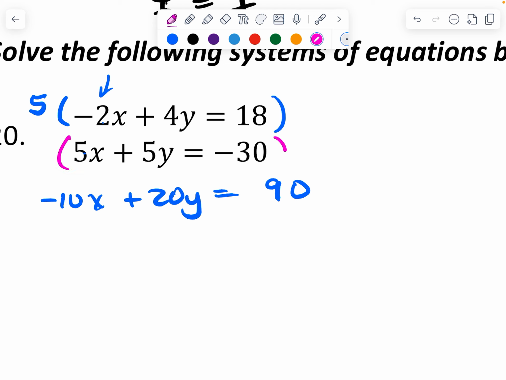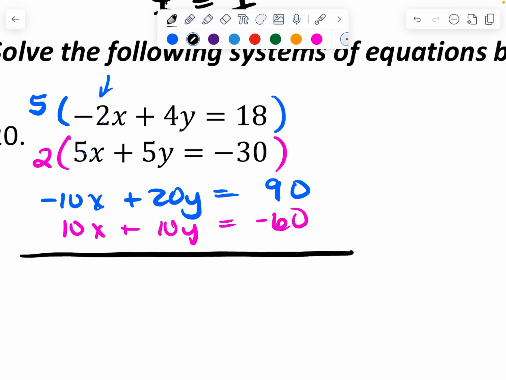And I'm going to multiply this one through by 2. I'm going to get 10x plus 10y equals negative 60. I'm going to add straight down. I'm going to get 30y equals 30, so y equals 1.